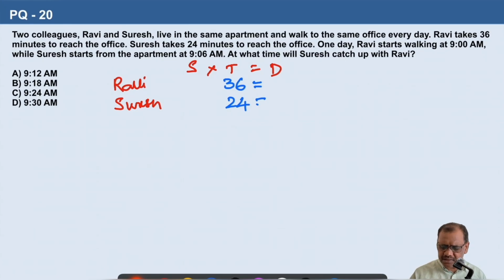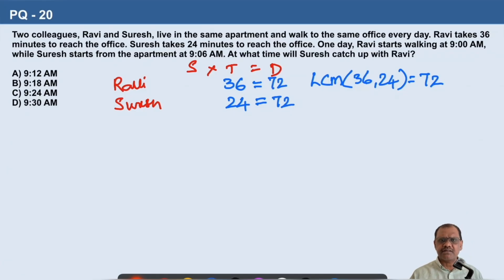The distance we have to assume as the LCM of 36 and 24. The next multiple of 36 is 72, and 72 is also divisible by 24. So that is the LCM. So the total distance is 72 units.